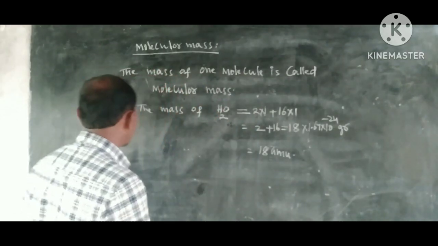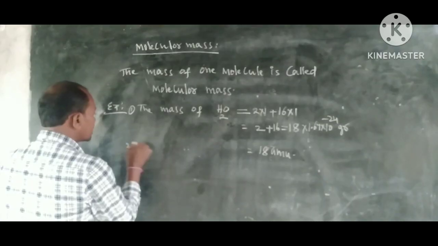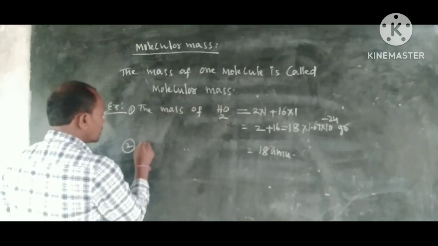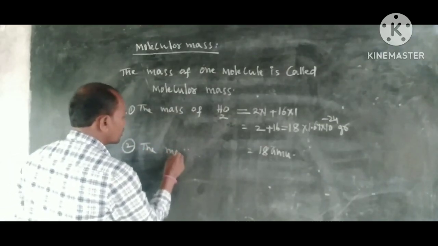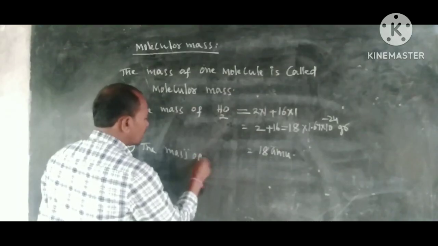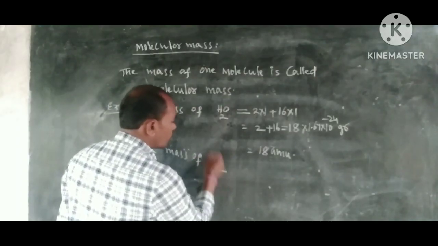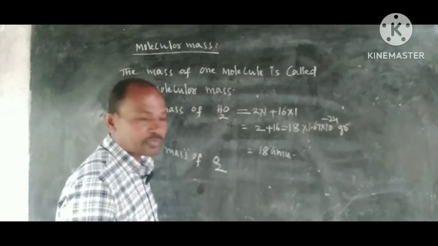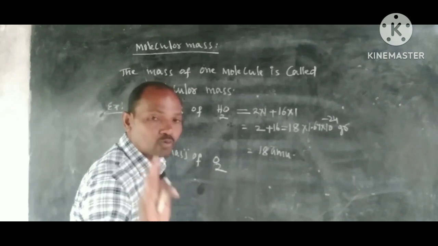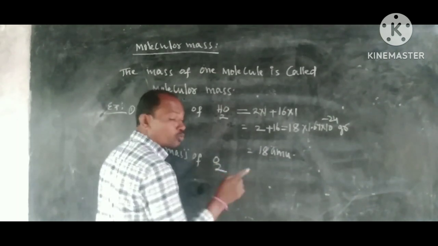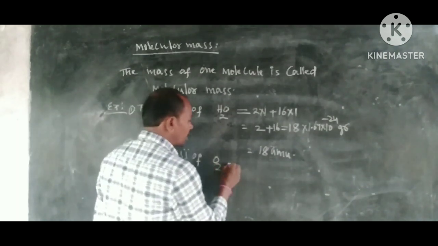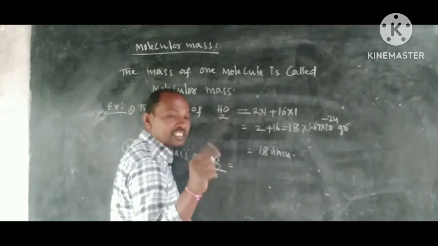Another example, number 2. The mass of O2. O2 is one molecule. In O2, 2 oxygen atoms are there. One oxygen atom's atomic mass is 16.